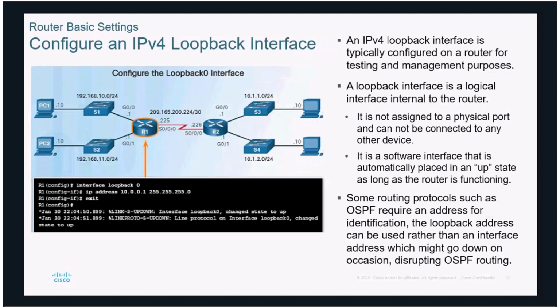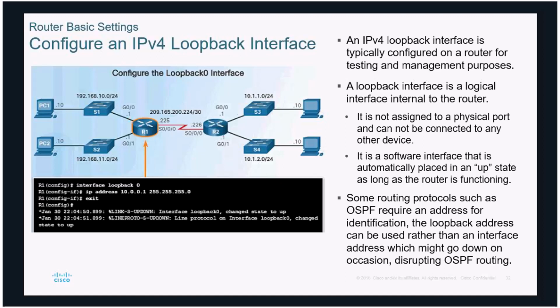Loopback interfaces. We call it loopback 0. In some situations, you will need to configure a loopback interface for testing and management purposes. The commands are interface loopback 0, then you IP address it and exit.